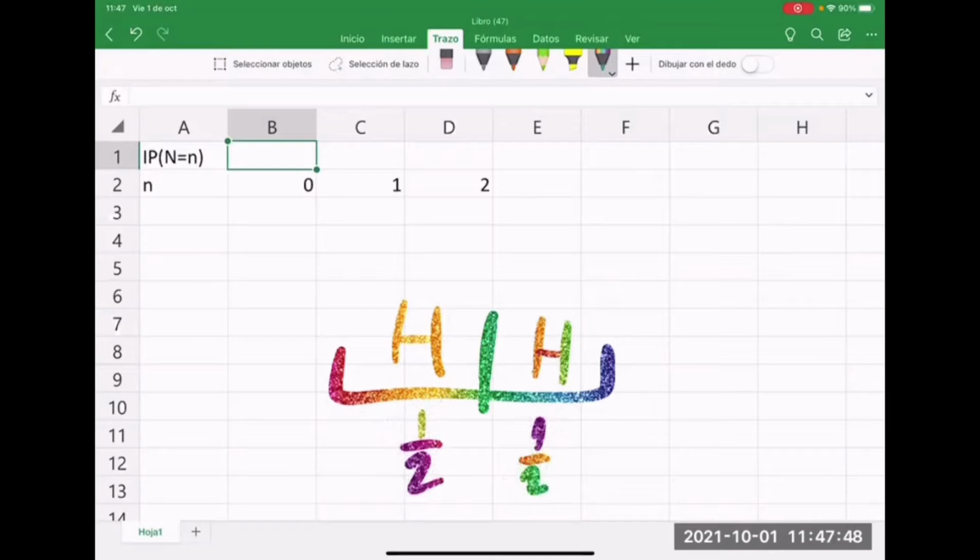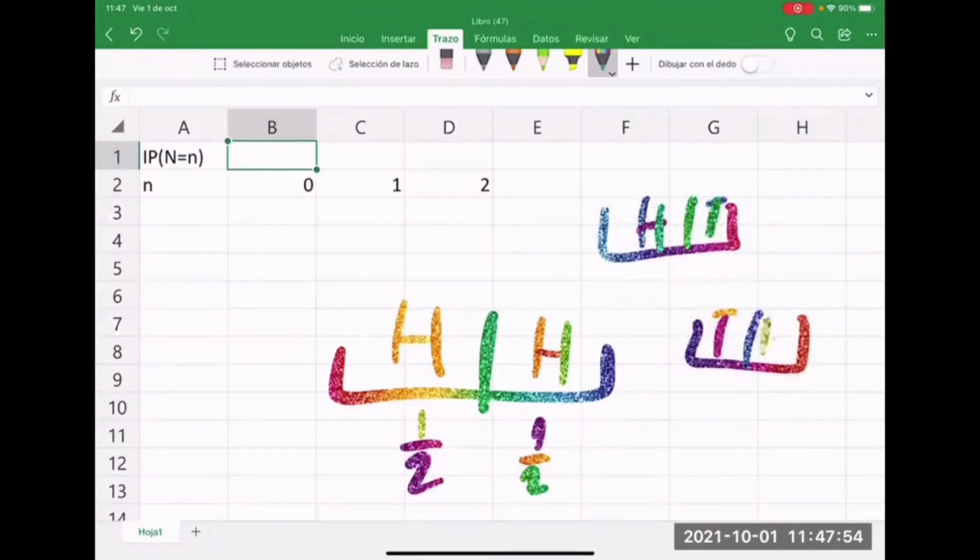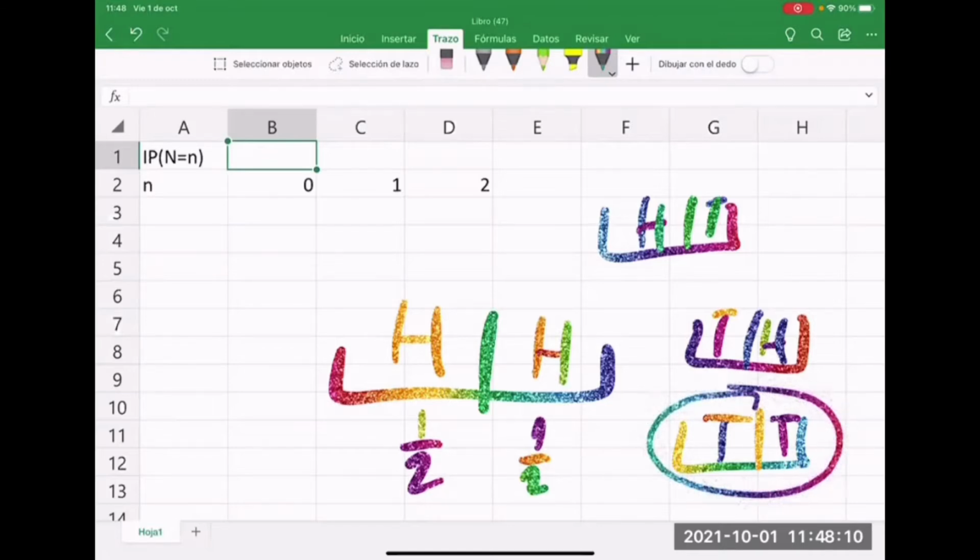But we can also have 1 head and 1 tail, or 1 tail and 1 head, or 2 tails. The probability of having exactly 0 heads matches which one? This one, right? So that is 1/2 times 1/2.